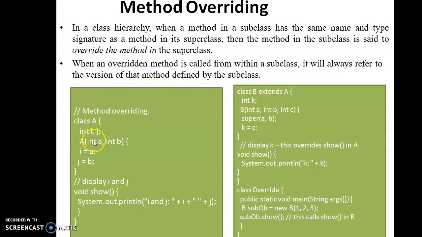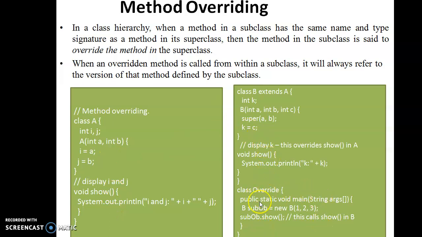We set k equal to c and call show. What is to be understood here is that the method present in the parent class and the method present in the child class are both the same. So show is overridden from the base class in the child class.